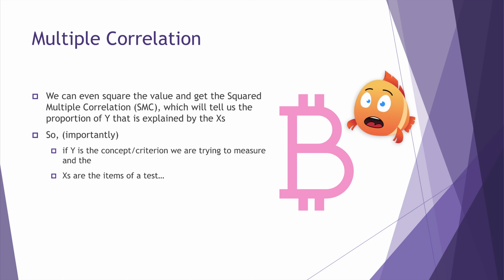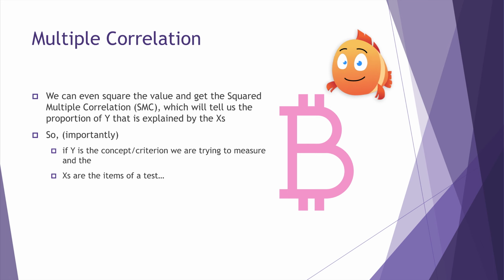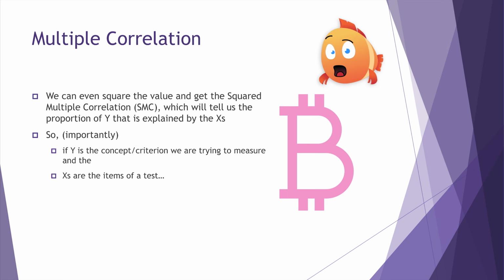We can even square the value we get, and that will give us the squared multiple correlation, the SMC, which will tell us the proportion of y that is explained by all the x's.